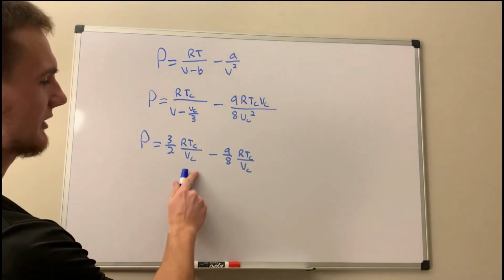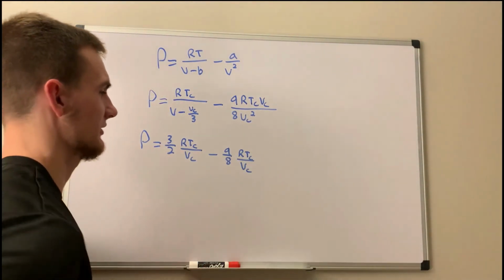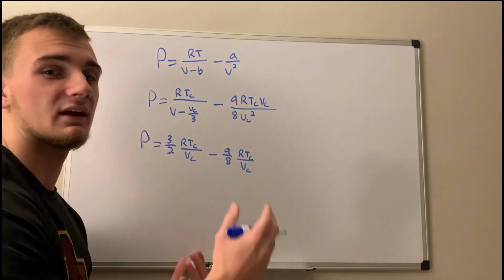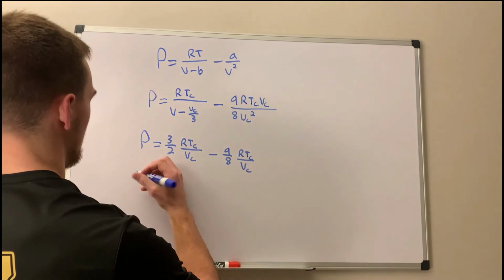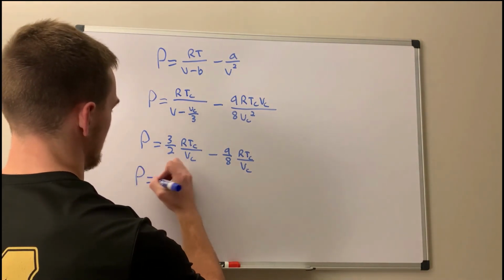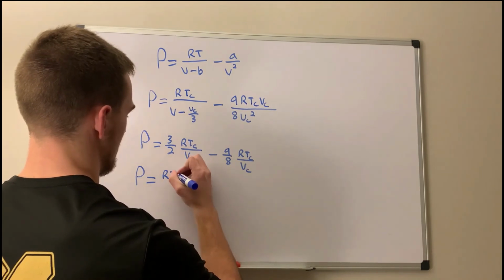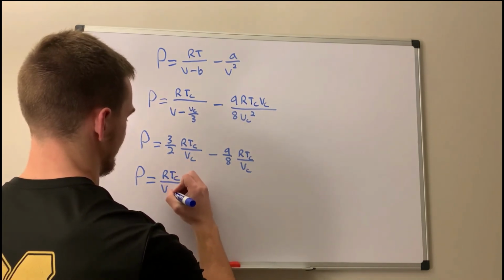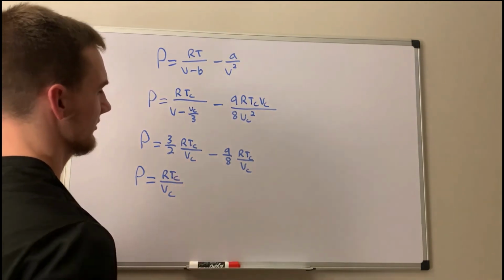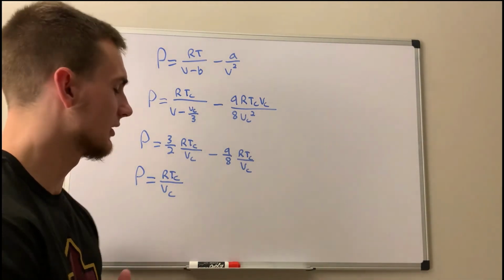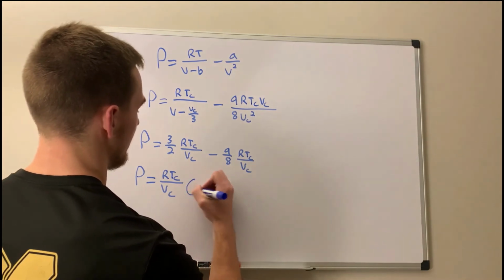So now we notice that we have like terms here in the RTC over VC term. So I'll go ahead and take that out of the expression. So I have P equals RTC over VC, and if we subtract 9/8 from 3/2, we'll end up with 3/8.